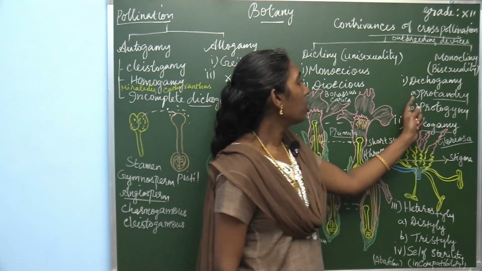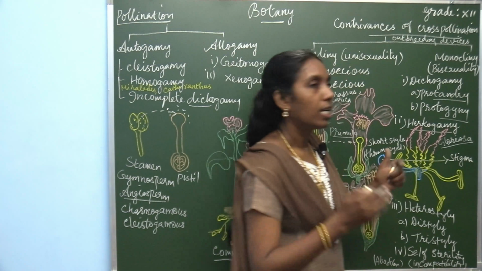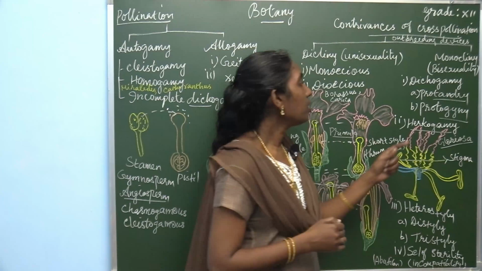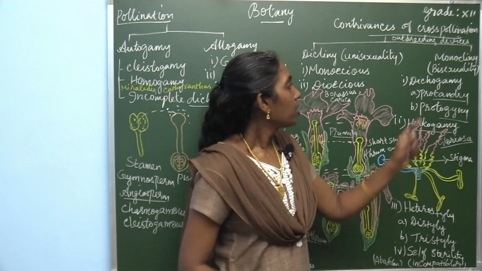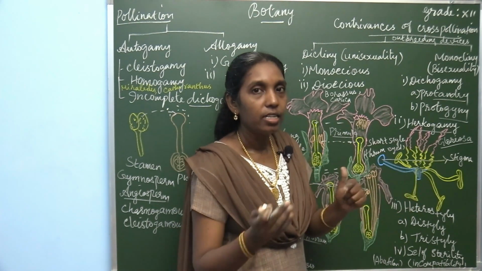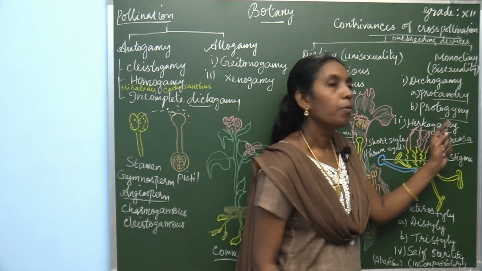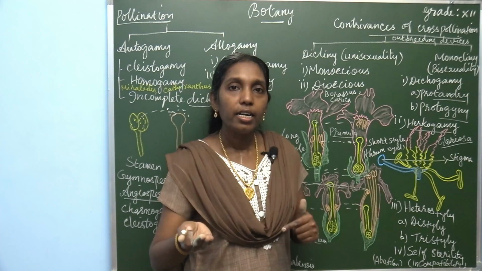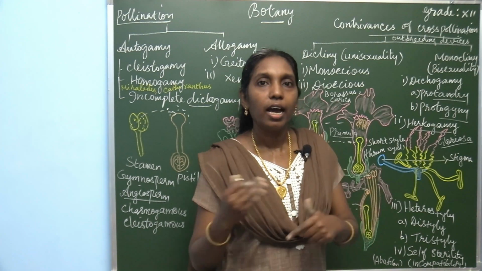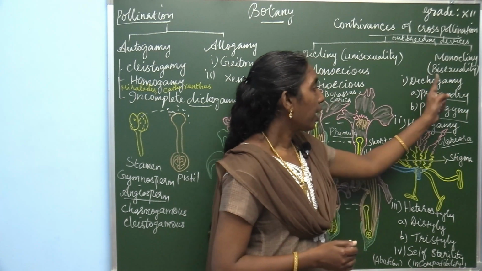Protogyny, as the name itself suggests, is the condition where the gynoecium matures earlier than the androecium. So in dichogamy, the anther and the gynoecium mature at different times, and based on this there are two types: protandry, where the androecium matures earlier than the gynoecium, and protogyny, where the gynoecium matures earlier than the androecium. This comes under dichogamy.